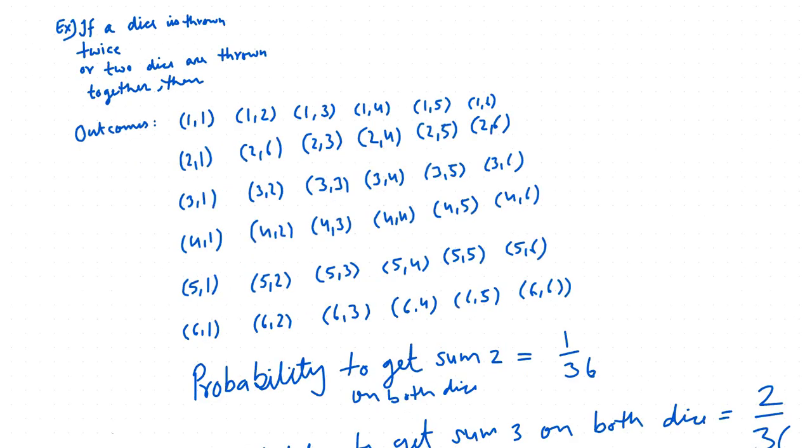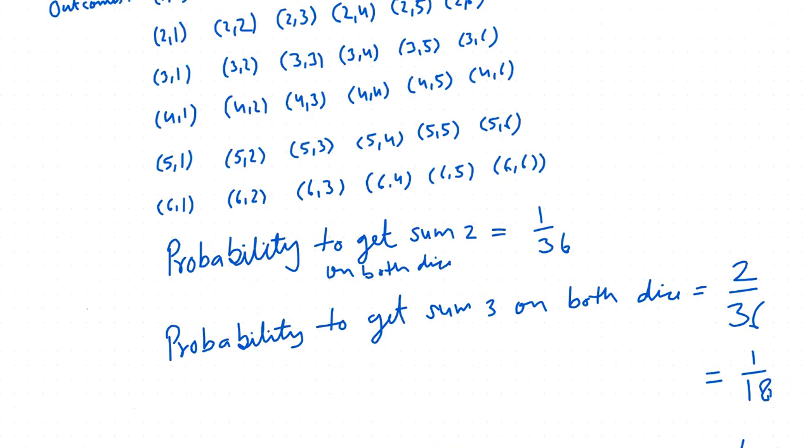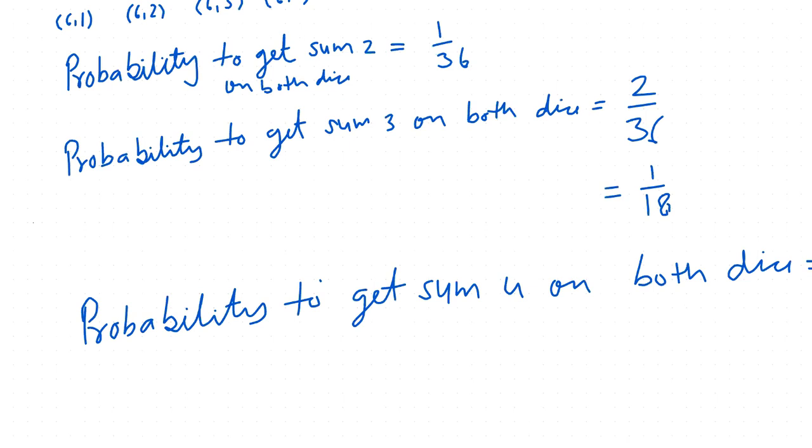See, 1 comma 3 we can take, and sorry, 2 comma 2, not 6. 2 comma 2 and 3 comma 1. Okay, so we have 3 favorable outcomes. Three over 36. So we have 1 by 12.